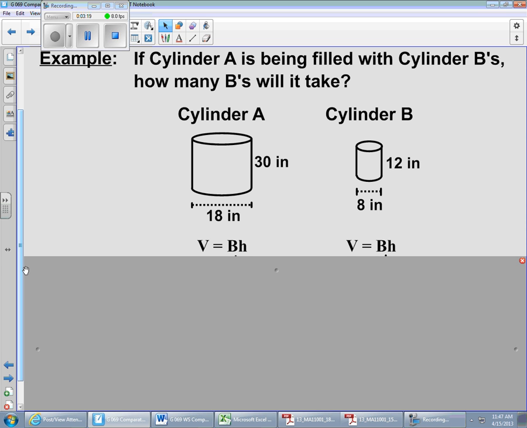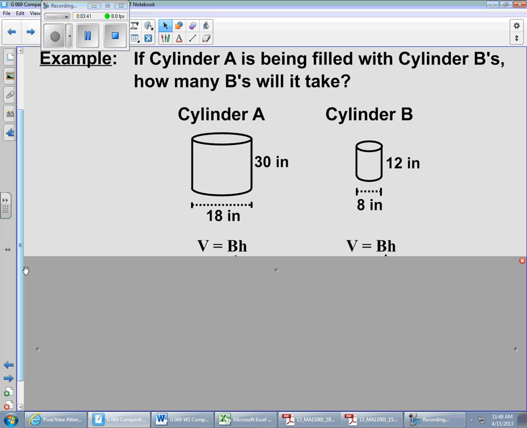What we really need to be able to do, if there is a catch to problems like these, is write one equation that tells us how these two figures are related to each other. Well, the question asks how many cylinder B's will it take to make one cylinder A?